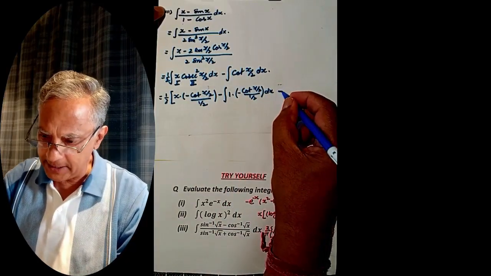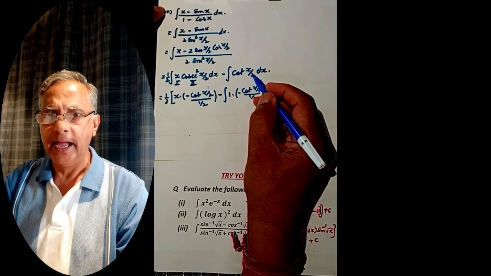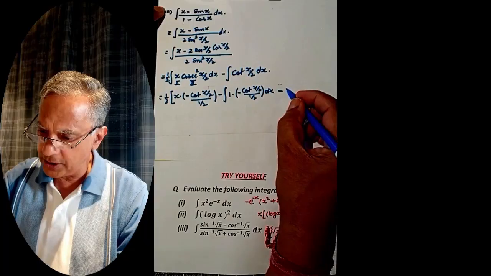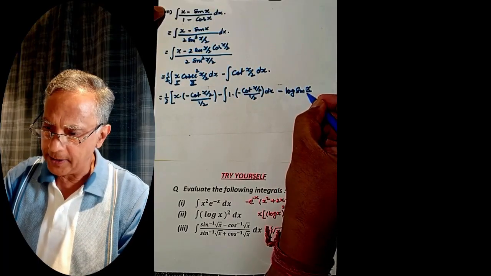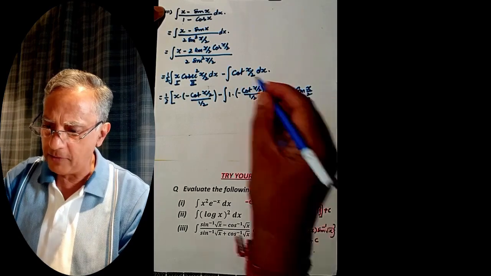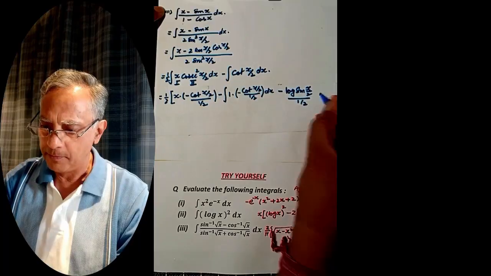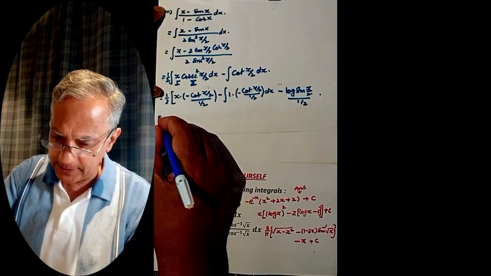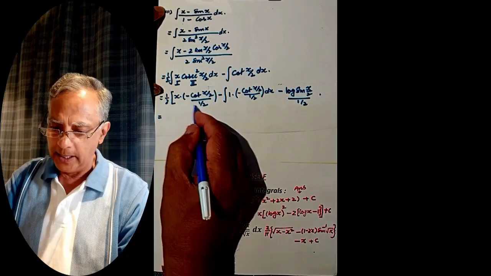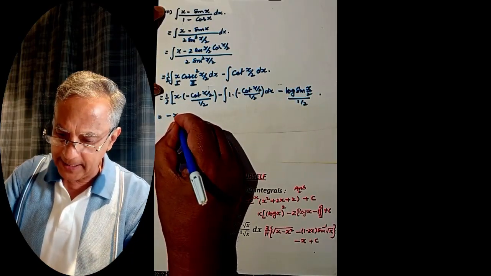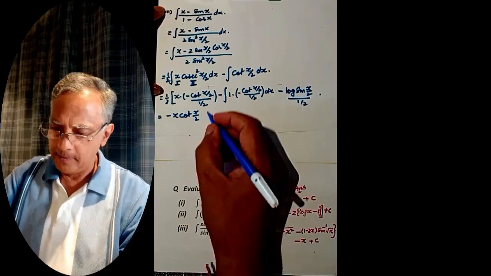Minus, now integration of cotangent x is log sin x. So integration of this will be log sin x by 2, and we must divide by the coefficient of x, that is 1 by 2. This is equal to, now 1 by 2 cancels with 1 by 2, and we get minus x cotangent x by 2.